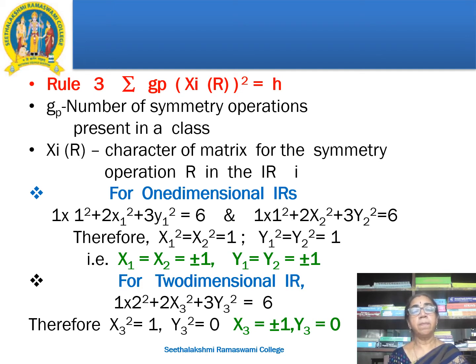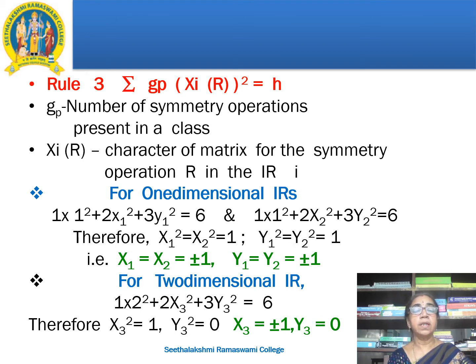In this equation, three parts are present. In the first part, 1 into 1 square, where the first 1 gives the value of g_R. Since we have only one symmetry element, the identity element, in the first class, 1 is written. 1 square is the square of the character of the identity element. In the next part, 2x1 square.